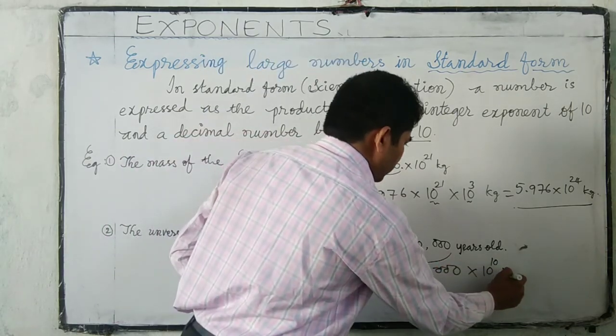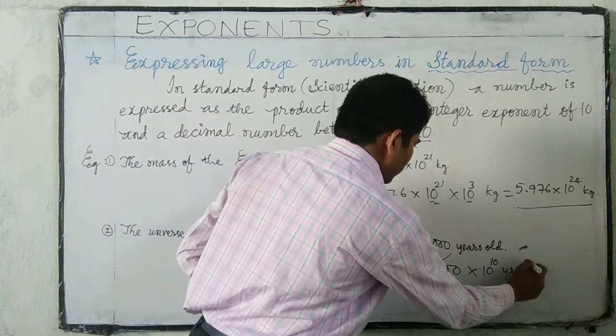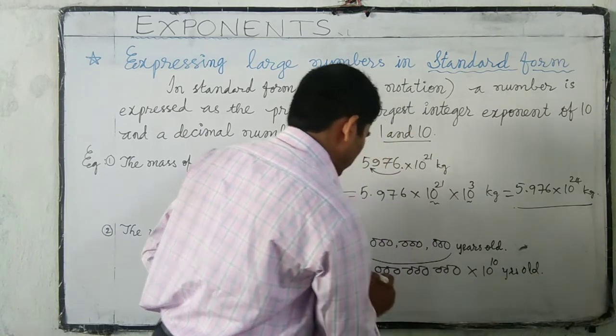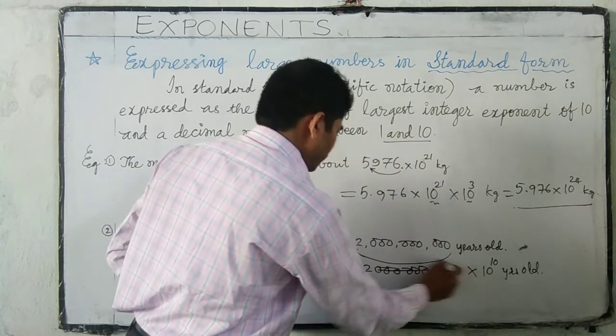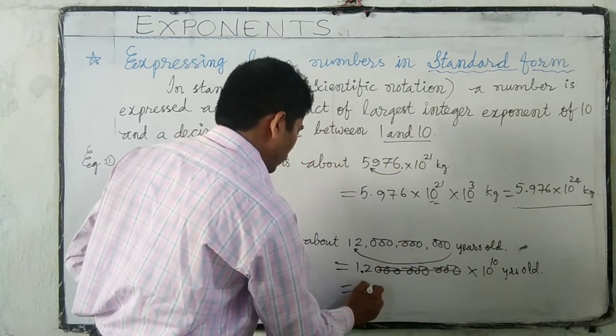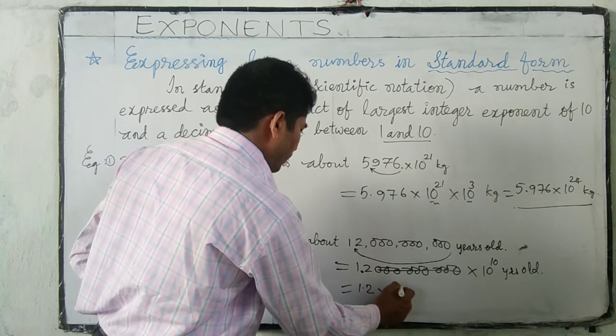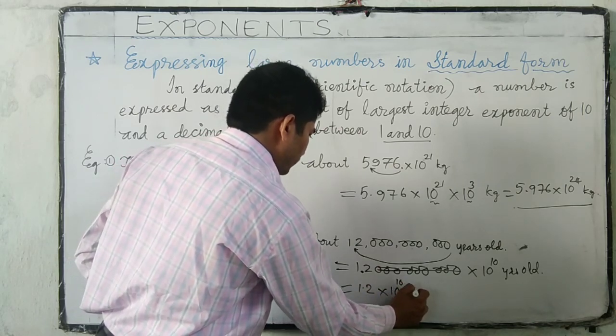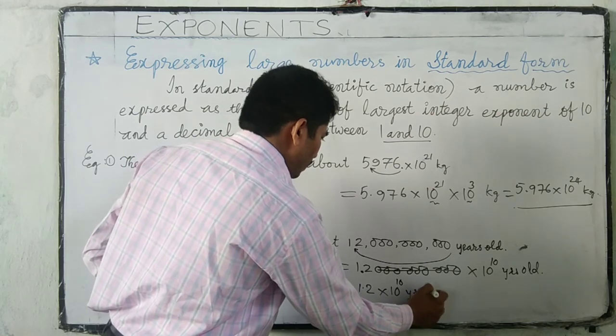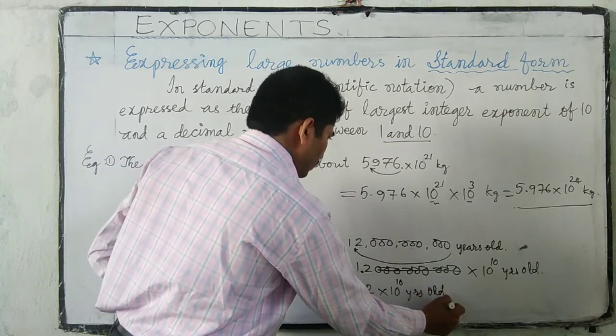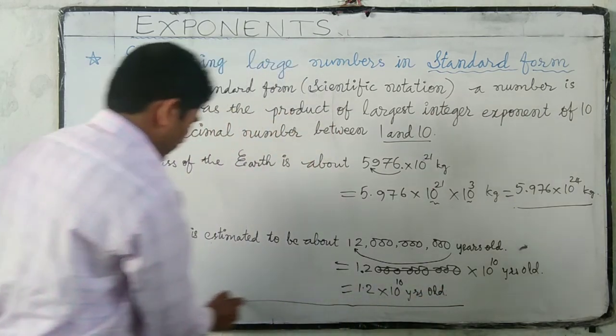So years old. Final answer 1.2 into 10 to the power of 10 years old. So this is the final answer.